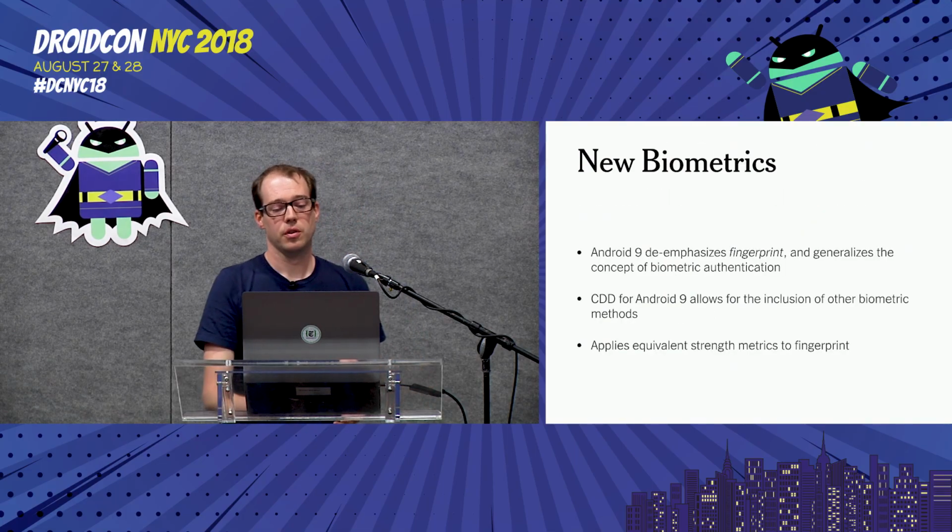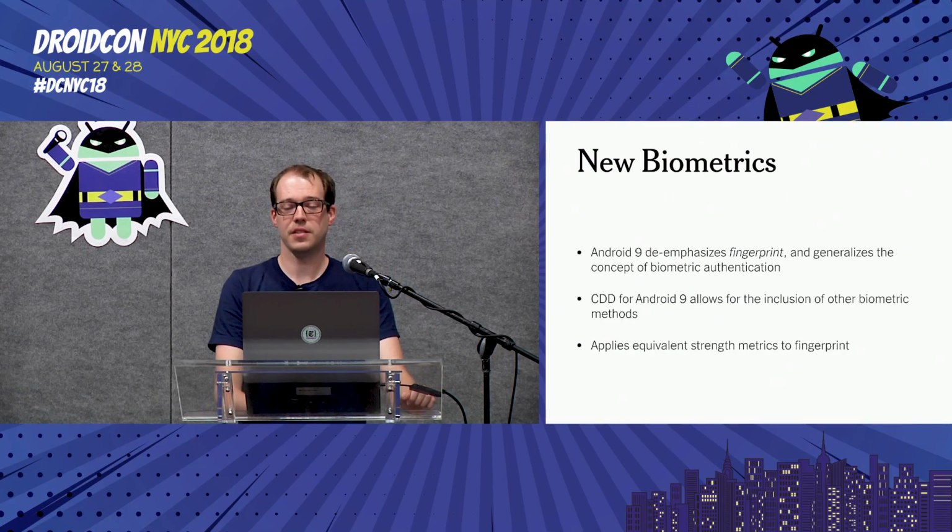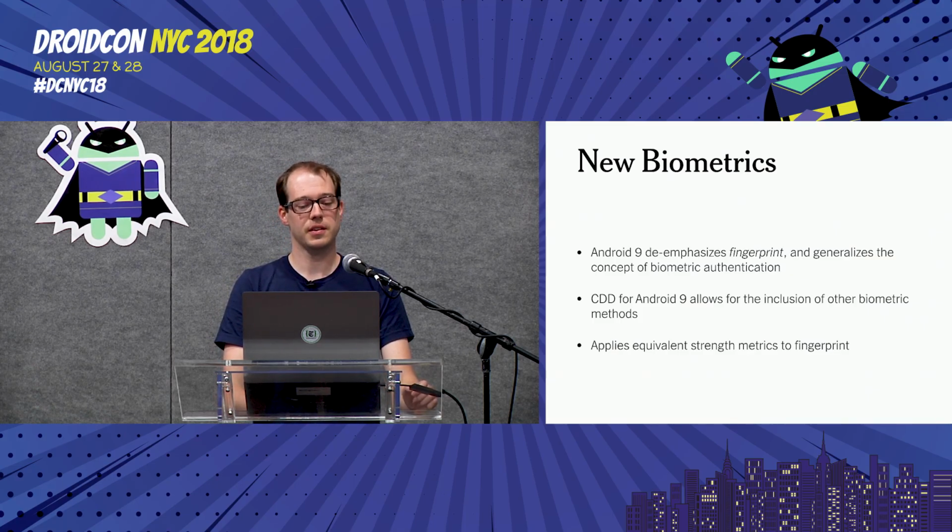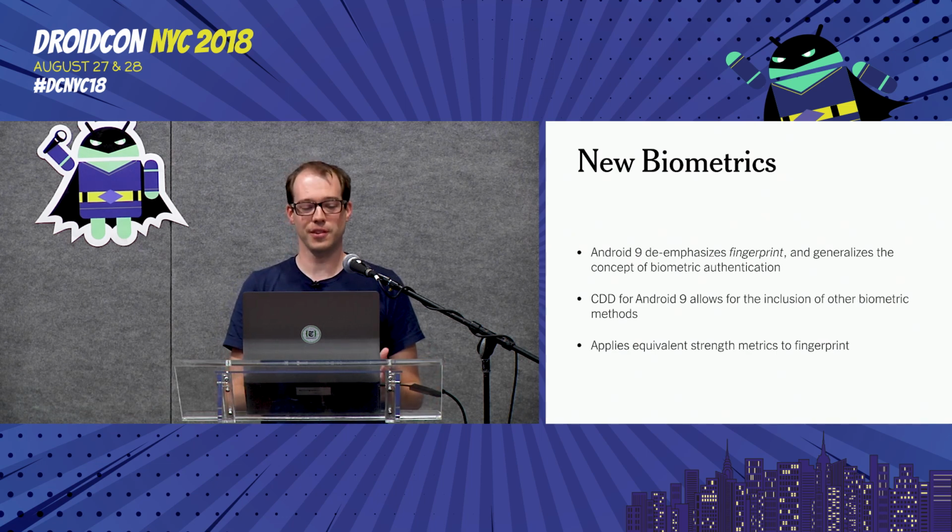So Android 9 introduces some new concepts in biometrics. It de-emphasizes fingerprint and kind of generalizes the concept of biometric auth. So the CDD finally acknowledges the existence and the inclusion of other biometric modalities.